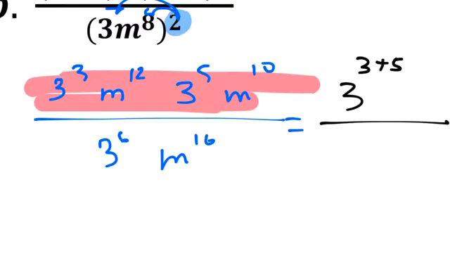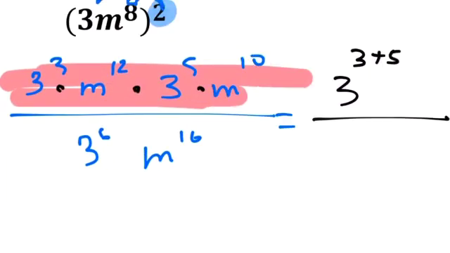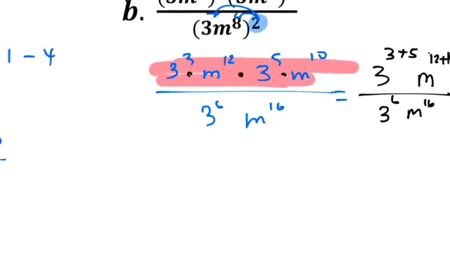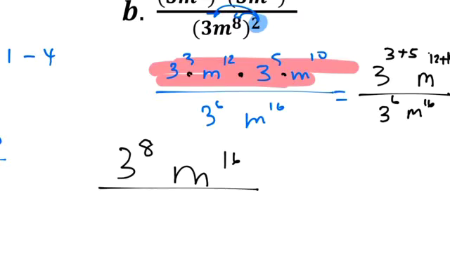You add them because these are all multiplication. And then m to the 12 and the 10. You add them. Over 3 to the 6th and m to the 16th. So you got m to the 8, m to the 16, 3 to the 8 over 3 to the 6 and m to the 16.